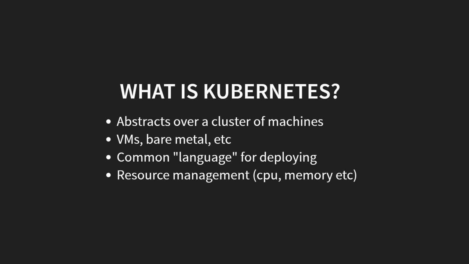So what is a scheduler? So a scheduler abstracts over a cluster of machines. So those can be VMs, bare metal, etc., and provides a common language for deploying your applications to those machines, bearing in mind certain resource constraints.